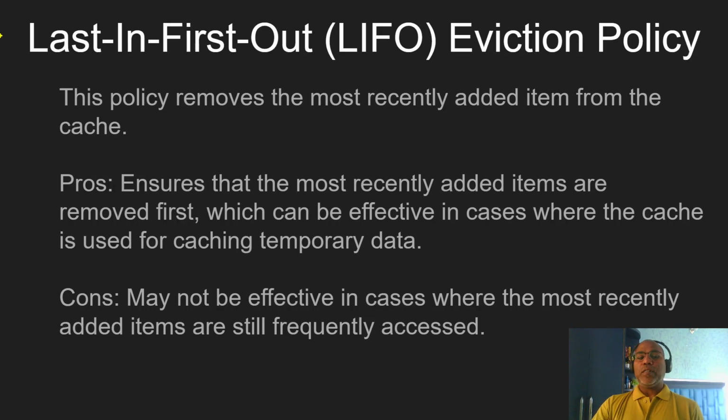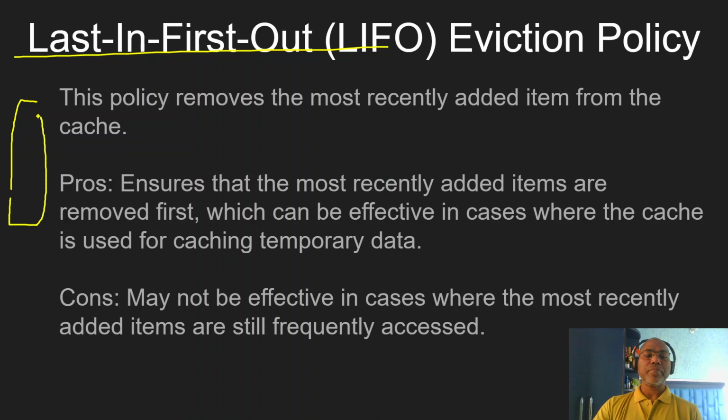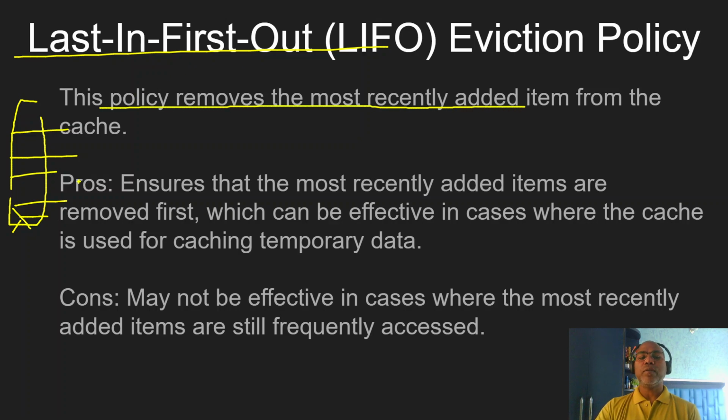Similarly, another approach is last in, first out. Whichever data is added last, remove that one. This policy removes the most recently added item from the cache, ensuring the most recently added data is removed first.